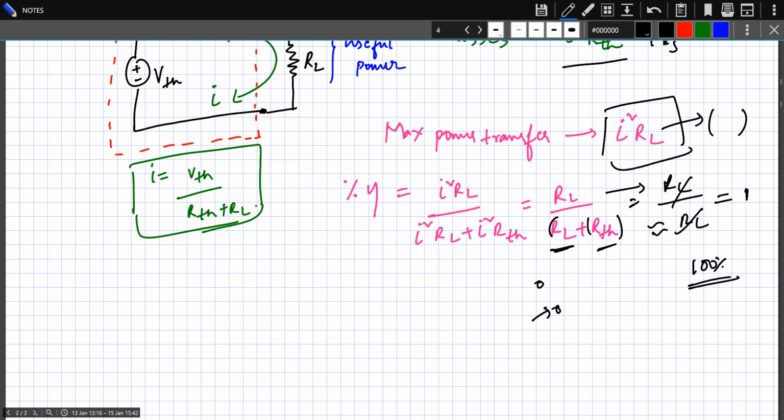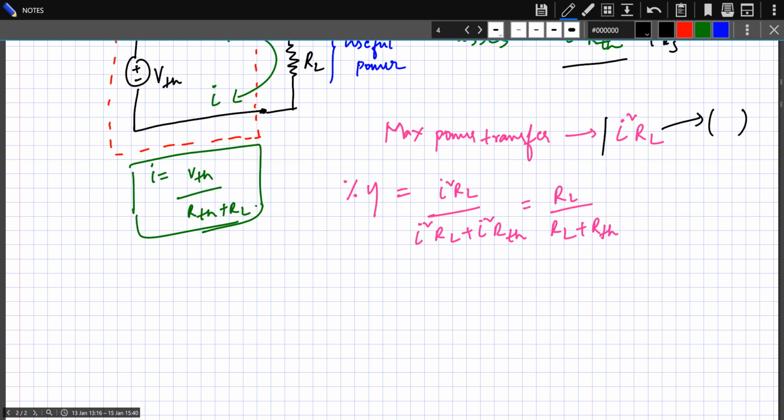Now let's analyze the circuit intuitively. What happens when we increase the load resistance? We are only talking about load resistance because that's the only thing variable here.